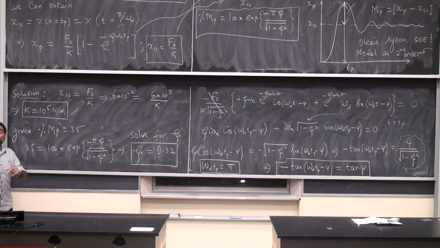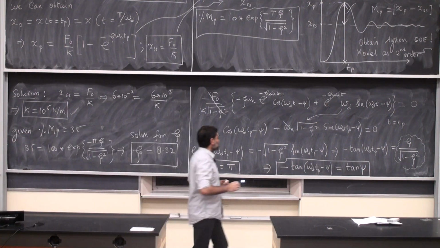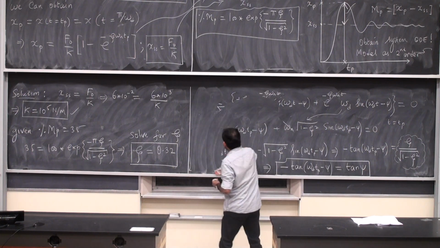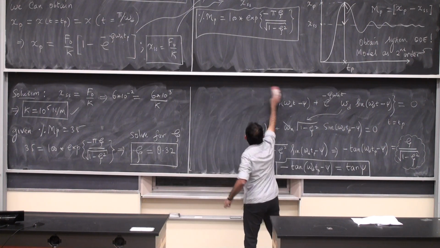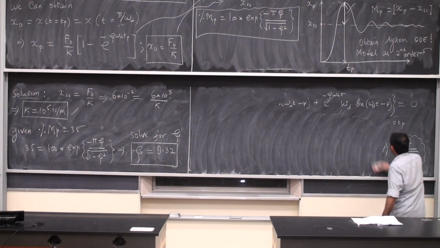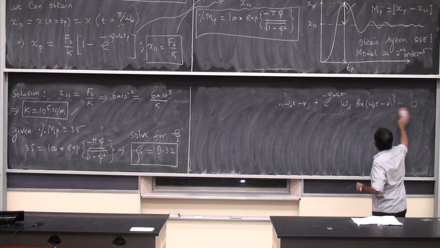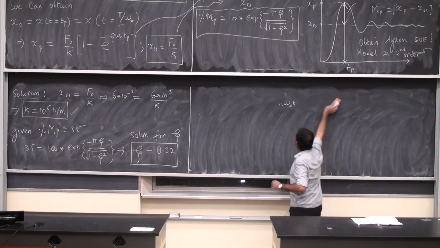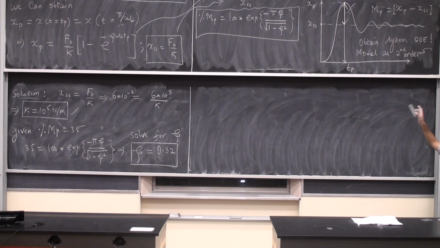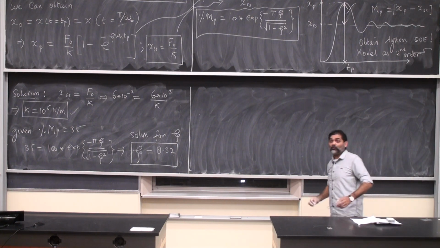Once I have zeta, I know the peak time is related to the damped natural frequency. The results that we have boxed hold true for any step input to the system in the absence of initial conditions. They are very generic results. They are not specific to this particular problem.